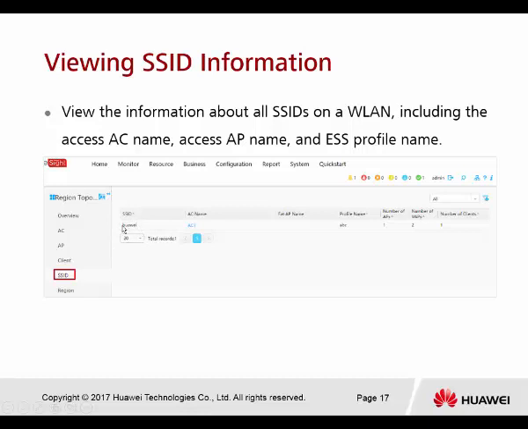I have one SSID called Huawei, and the AC name broadcasting this SSID is called AC number 1. The profile name, I named it ABC. Number of IPs using this SSID is only 1. Number of VIPs is 2, and the client connected now is 1.